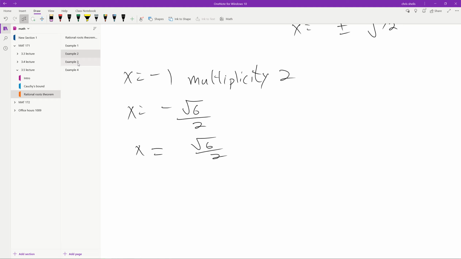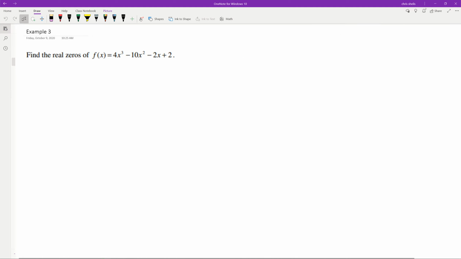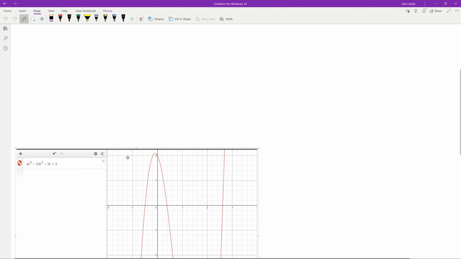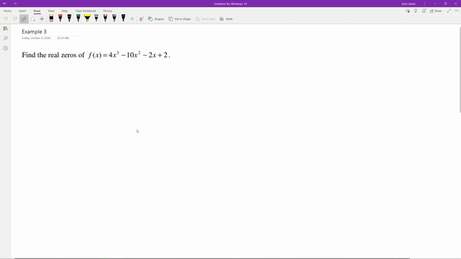Let's look at another one. Find the real zeros of 4x cubed minus 10x squared minus 2x plus 2. I suppose that first we should find Cauchy's bound, to find the interval that we're really restricting ourselves to.